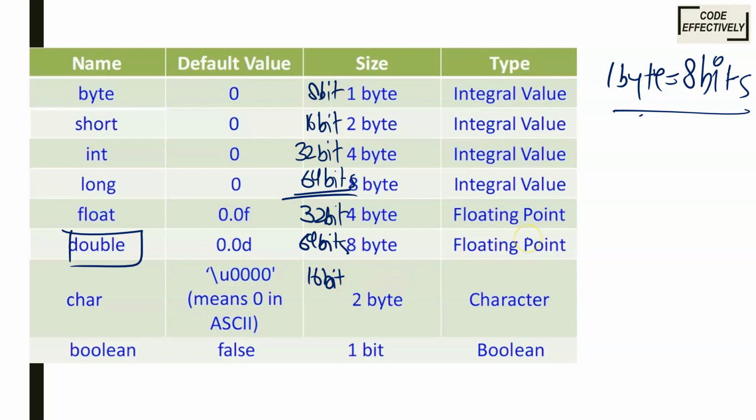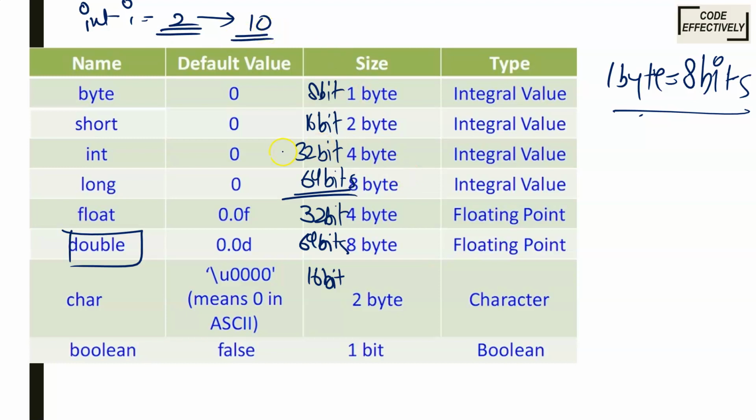Now let me give you a very short example of how data types are saved. As we know, int stores 32 bits. So for example, if I take int i is equal to 2. We know that decimal 2 in binary is 1 0.